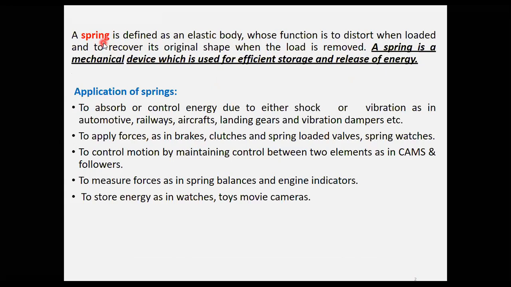That is the nature of a spring. It is an elastic body. As you know the definition of elasticity, elasticity is nothing but when the load is applied, the member is going to deform, and when the load is removed, the member is going to regain its original shape and size.